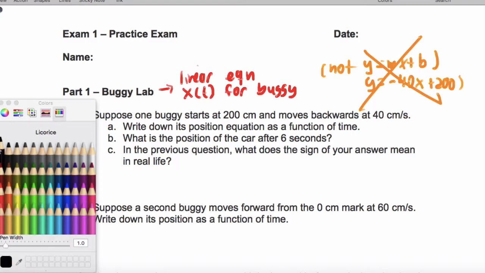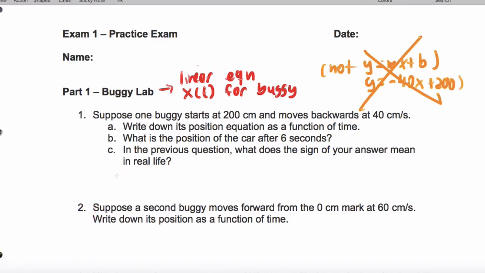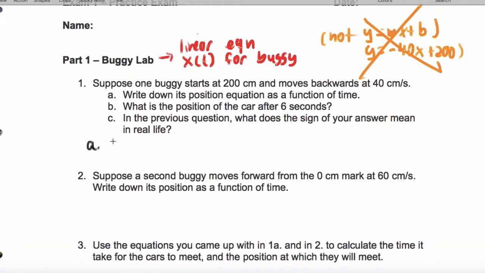So when we put that idea together for part A, x, the position as a function of time, is going to be negative 40 times t plus 200. For part B, what is the position of the car after 6 seconds? Do not try to do anything clever with graphs or imagining a buggy.